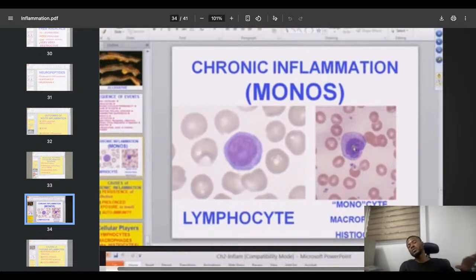Unlike acute inflammation, whereby we have the polynucleated neutrophils, in chronic inflammation, we have the mononucleated cells, talking about the lymphocytes and then the monocytes. Now, when the monocyte is within the blood vessel, it is called the monocyte. When it gets into the tissue spaces, it is called macrophage or histiocyte.